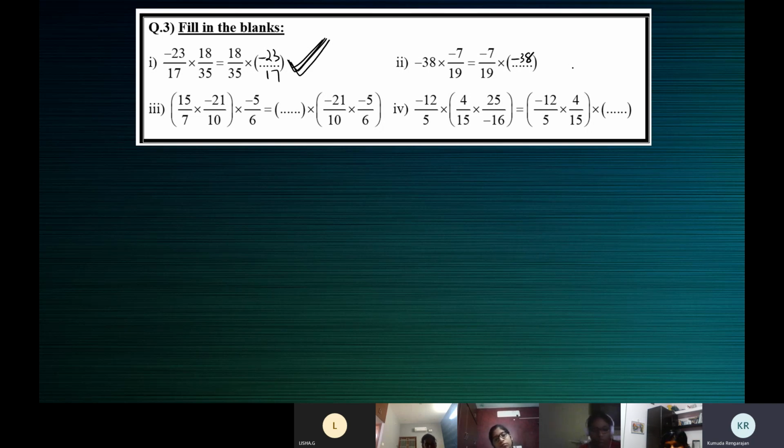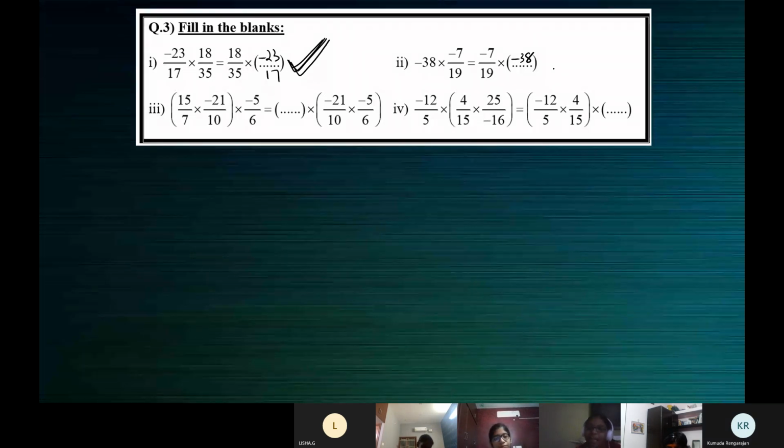What property is this? Which property did you use to complete this? Ma'am, commutative. Commutative property of? Addition or multiplication? Ma'am, multiplication.